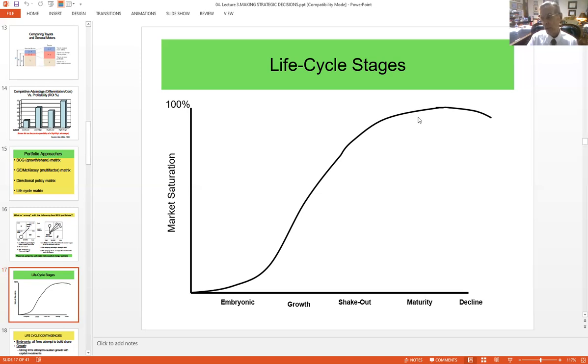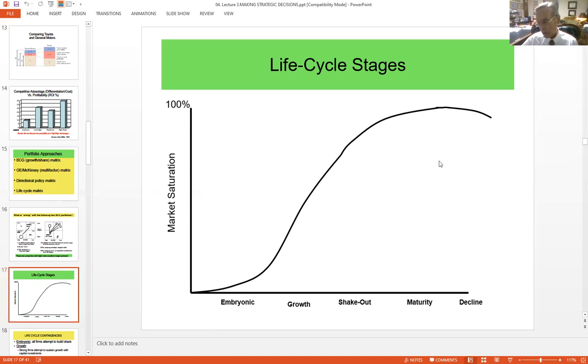So for some industries, they go away as new industries arise to take their place, and a second life cycle stage occurs. That creates a situation where we have to jump curves and essentially start on a new curve like this up here when we see that the shakeout stage is occurring and we expect a decline to occur.